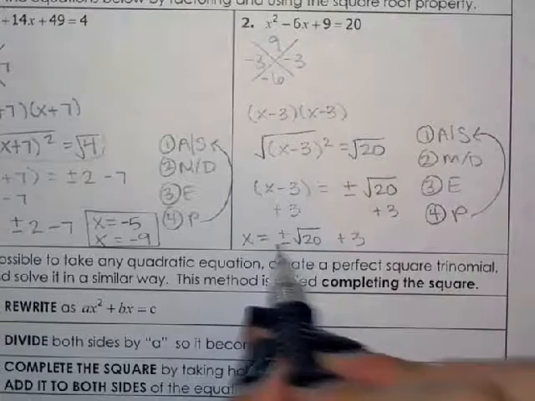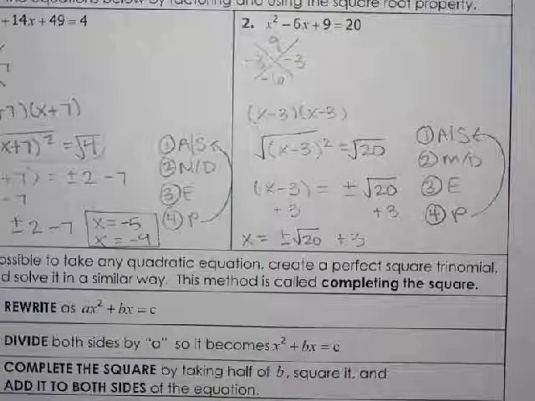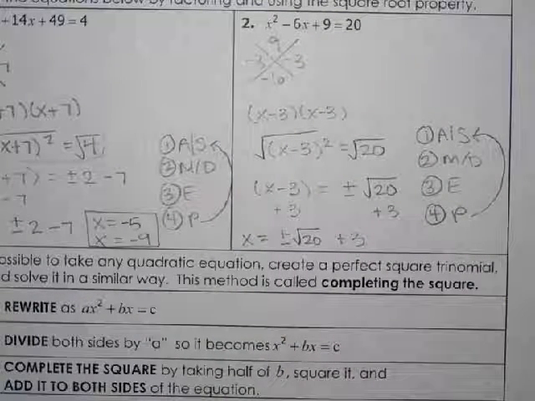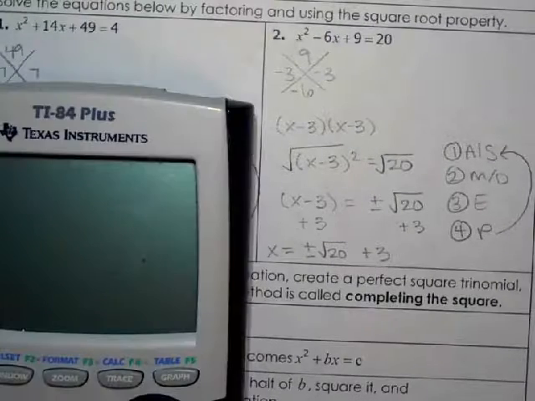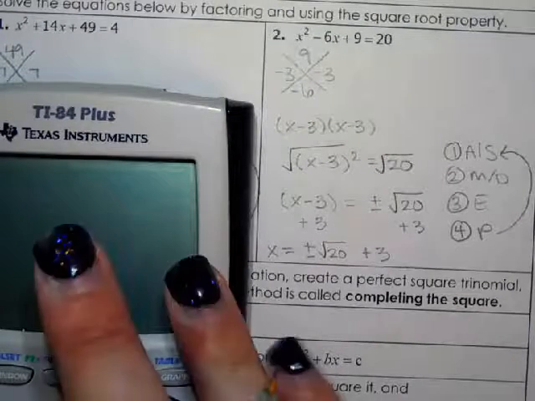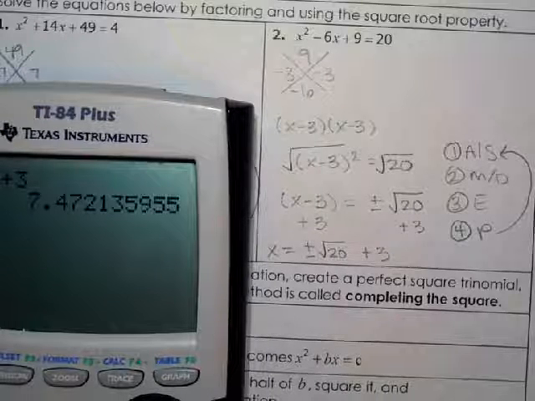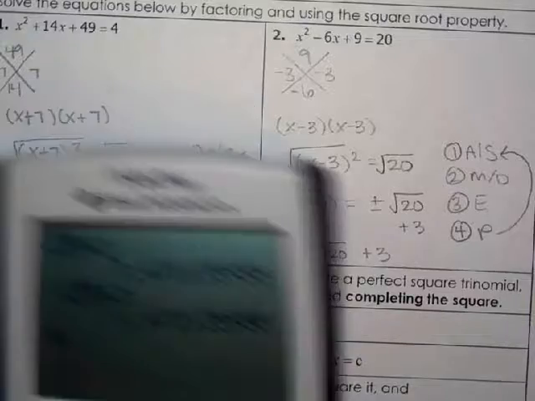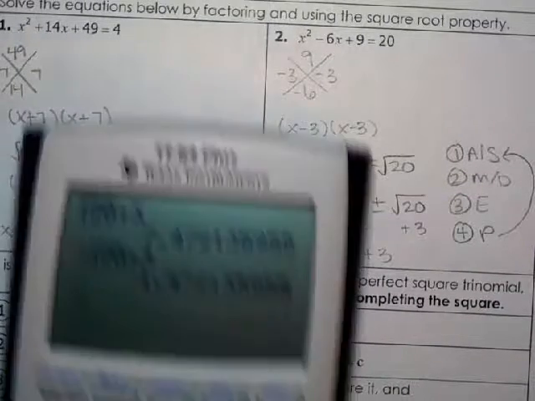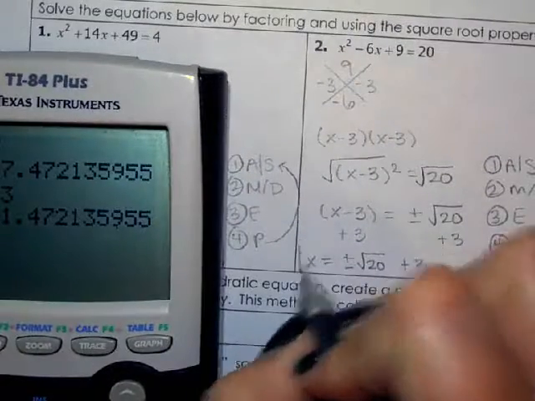This is my exact answer. My approximate answer is what I get when I plug that into a calculator: square root of 20 plus 3, and negative square root of 20 plus 3. There are my approximate answers with my decimals. So the exact answer is right here.